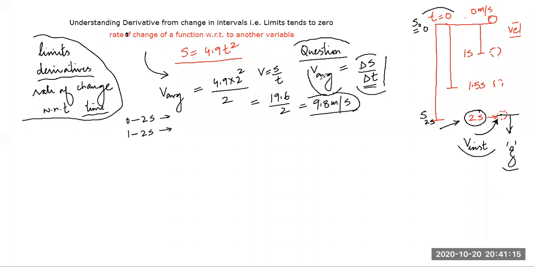This is the average velocity in the time interval delta t. By finding delta s, which is s2 minus s1, with delta t written as t2 minus t1, meaning final time minus initial time. Finally, I'm not going to repeat what they say. When they decreased the interval, the velocity was different.